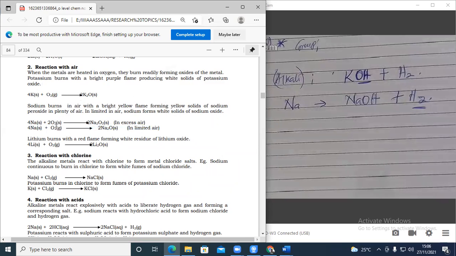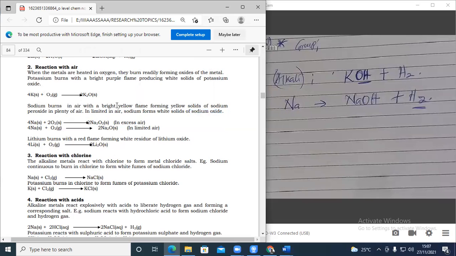The conditions are: when air is in excess, if air is plenty, it burns with a yellow flame, forming yellow solids of sodium peroxide. If the air is little, sodium forms a white solid of sodium oxide.